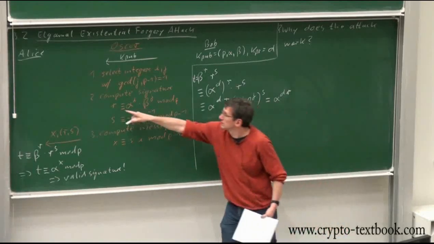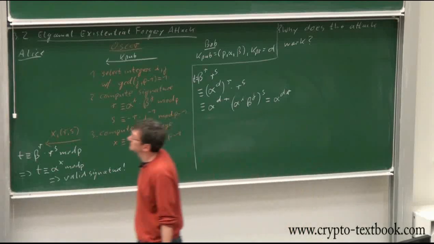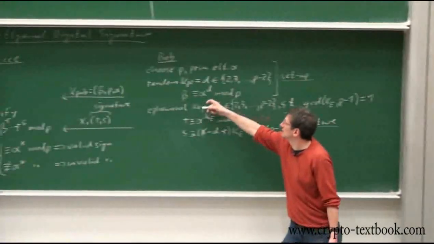So I'm just substituting this here, and now beta is alpha to the d.